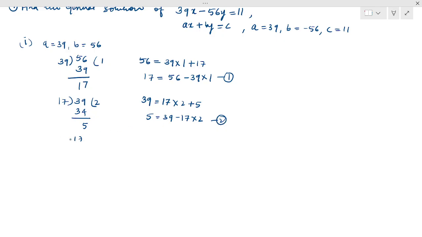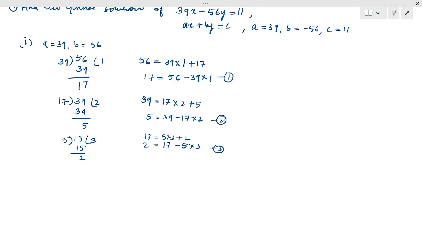Next, 17 by 5. 5 threes are 15. The remainder is 2. So 17 can be written as 5 into 3 plus 2, or 2 is equal to 17 minus 5 into 3.